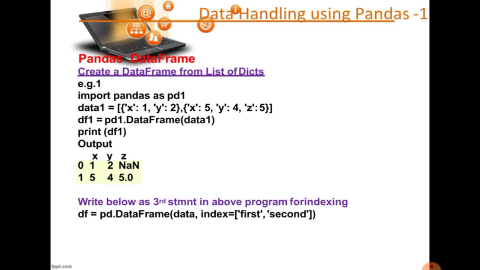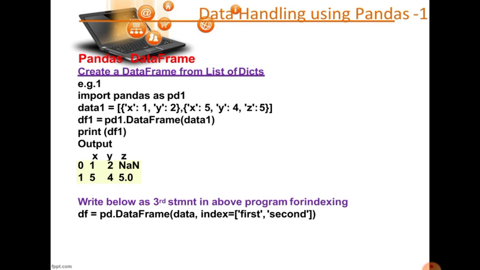Pandas DataFrame: create a pandas DataFrame from a list of dicts. Example 1: import pandas as pd1, data1 is equal to [{x: 1, y: 2}, {x: 5, y: 4, z: 5}]. df1 is equal to pd1.DataFrame(data1), print df1.